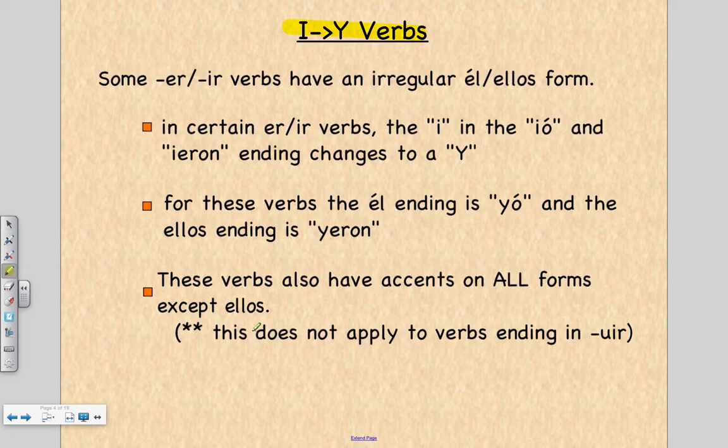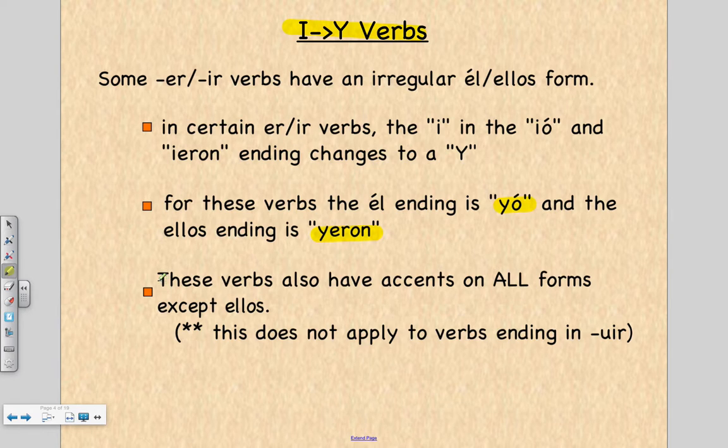Same thing with ellos. The ellos ending is ieron. So we're going to change that I in ieron to a Y. So it's yeron, okay?